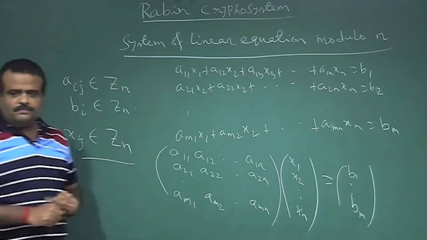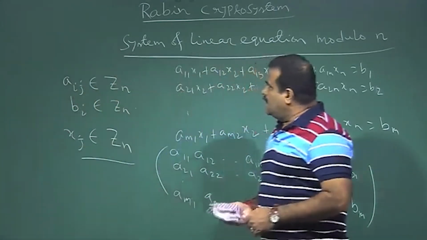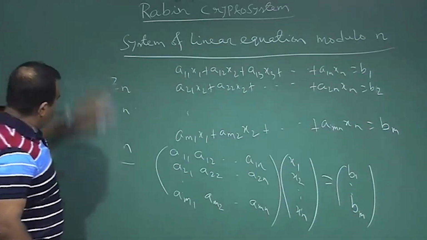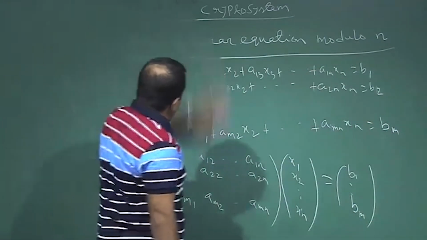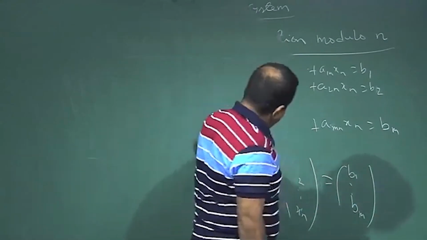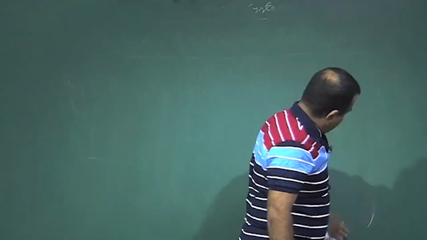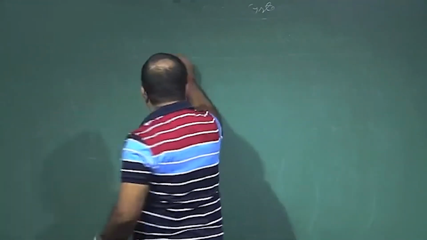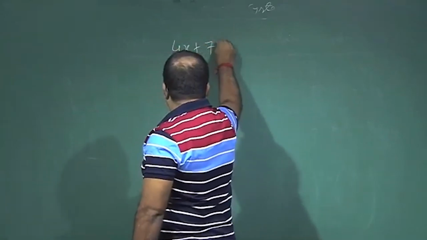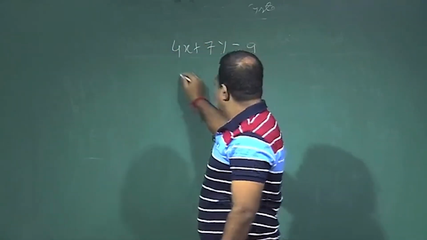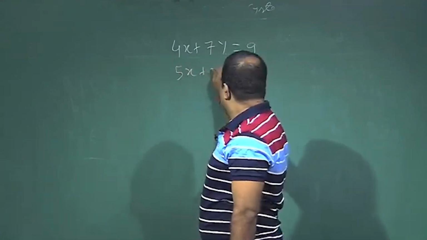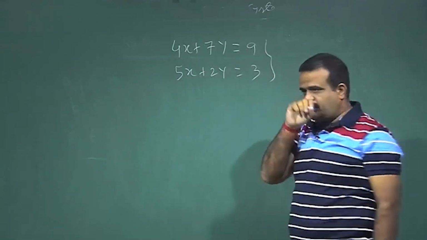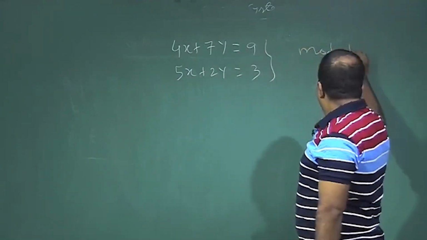So let us take a simple example of how we can solve this type of system of linear equations modulo some prime. Suppose we have this system: 4x plus 7y equal to 9 and 5x plus 2y equal to 3, and we have to solve this system of equations modulo 13.